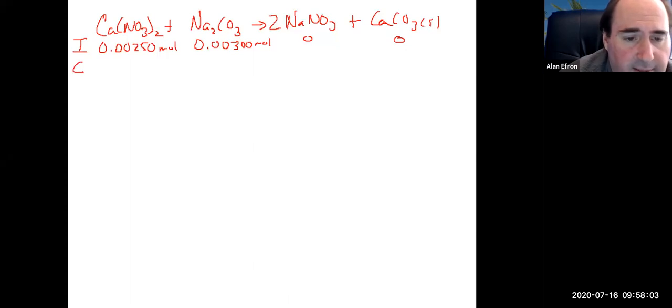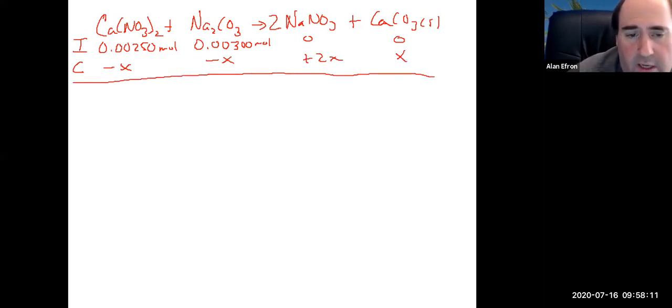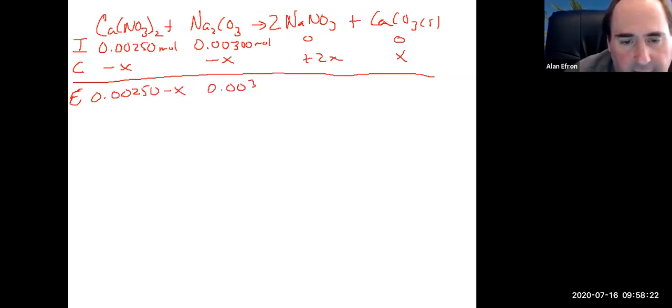Change here would be minus x, minus x, plus 2x and x, which means at equilibrium, 0.0025 minus x, 0.003 minus x, 2x, and x in this case.